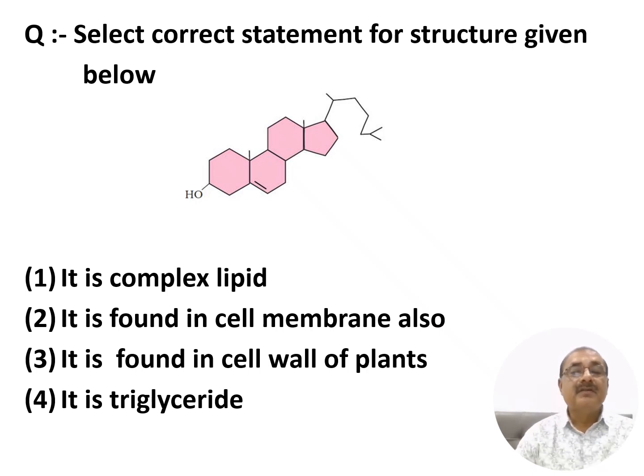Which is correct? Yes, obviously the second is correct. It is found in the cell membrane also, given in lesson 8. So it is not a complex lipid. It is not found in the cell wall of plants and it is not a triglyceride also. So here the answer is 2.